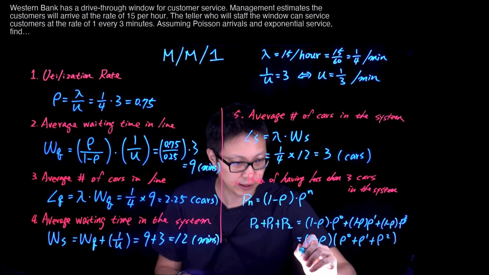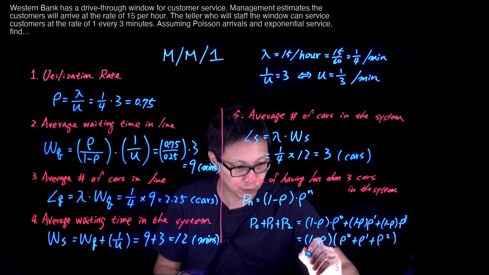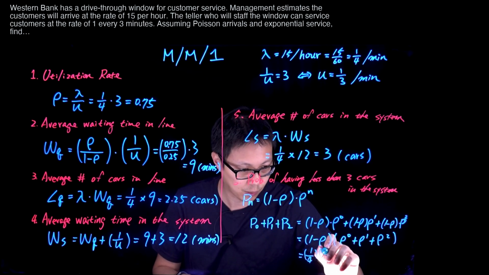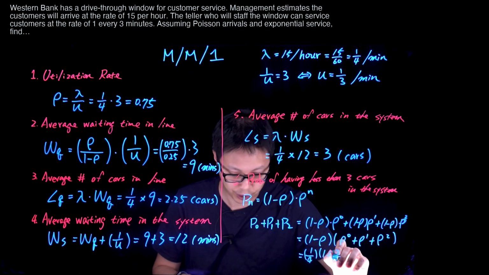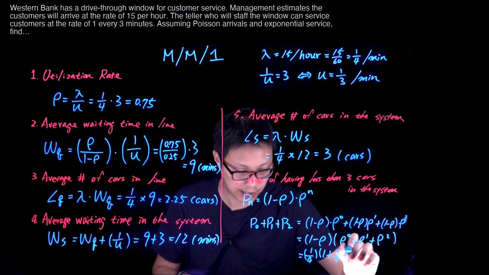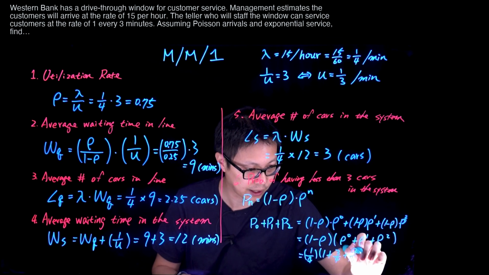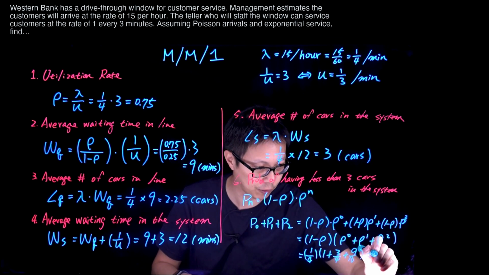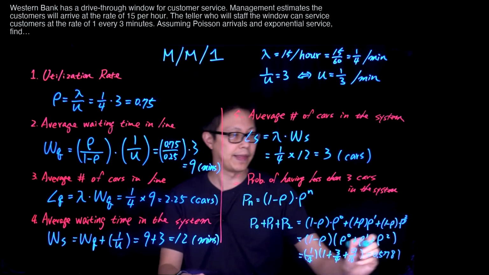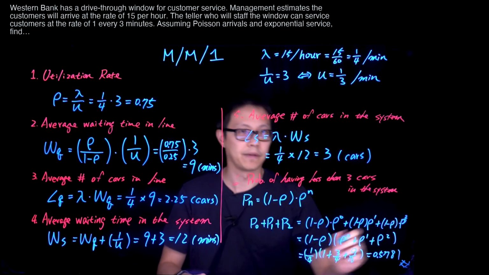Then you just plug in the numbers. This is equal to a quarter times 1 plus 3 over 4 plus 9 over 16. That should be equal to 0.5781. And that will be the final answer.